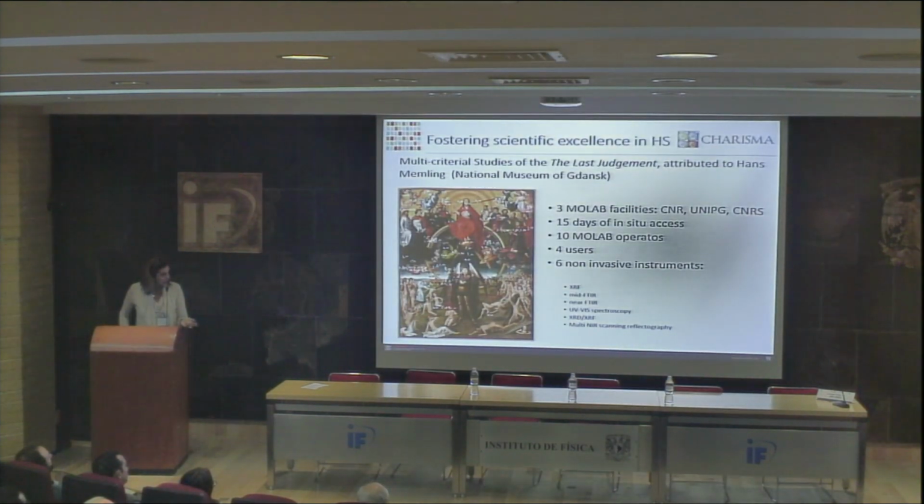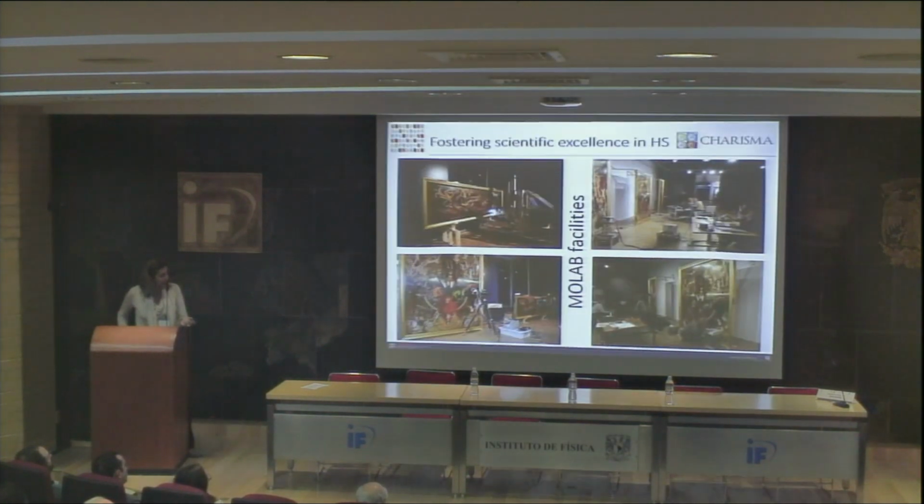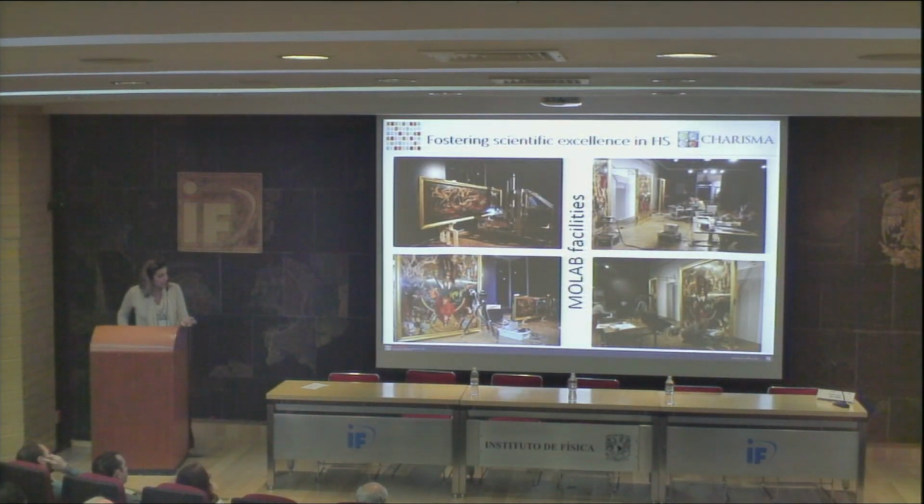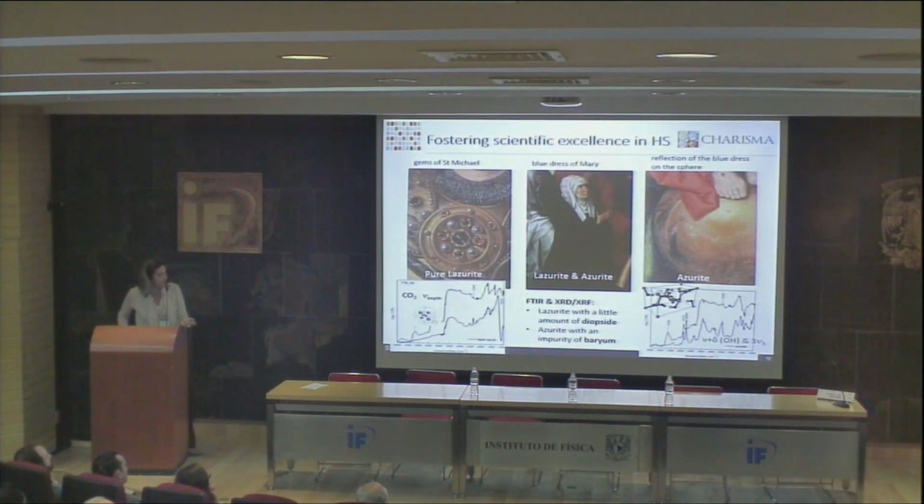So the results were obtained with those instruments: XRF, FTIR, UV-visible spectroscopy, XRD, and multispectral near-infrared scanning. These are the instruments while measuring the painting, and a few results on a set of small areas in order to make pigment recognition.